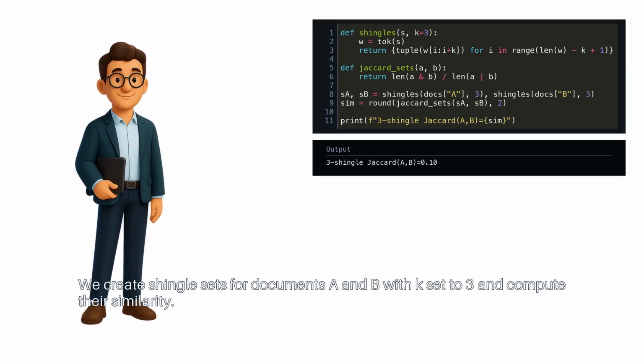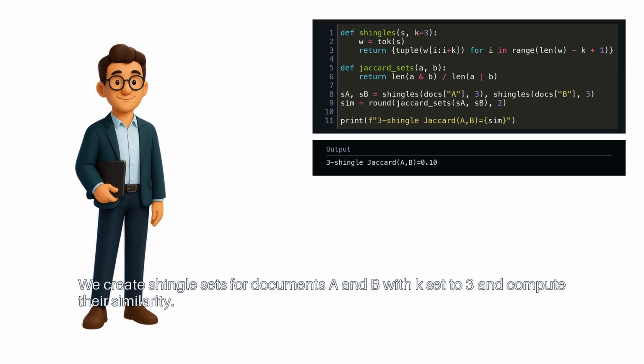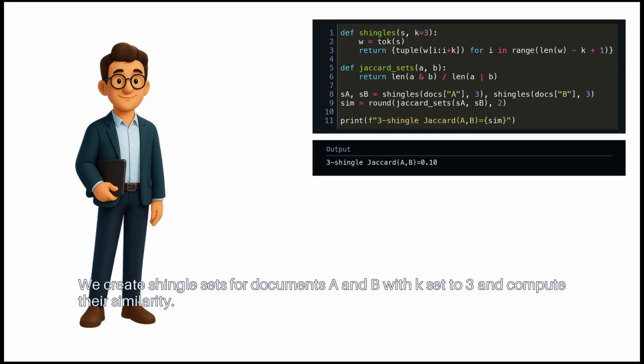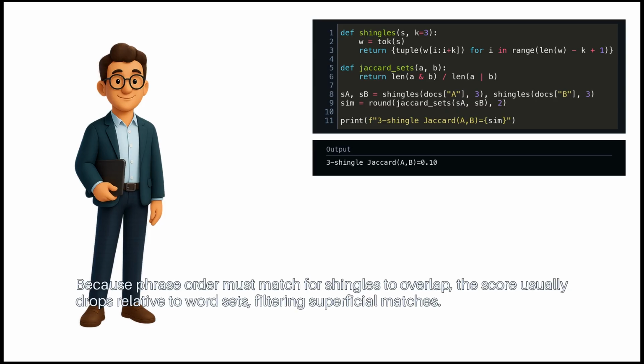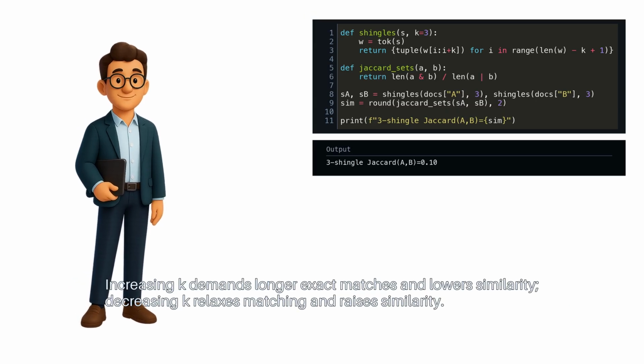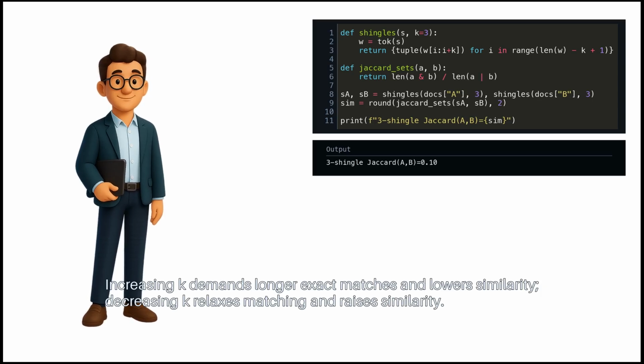We create shingle sets for documents A and B with k set to 3, and compute their similarity. Because phrase order must match for shingles to overlap, the score usually drops relative to word sets, filtering superficial matches. Increasing k demands longer exact matches and lowers similarity. Decreasing k relaxes matching and raises similarity.